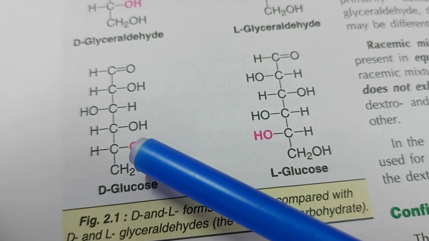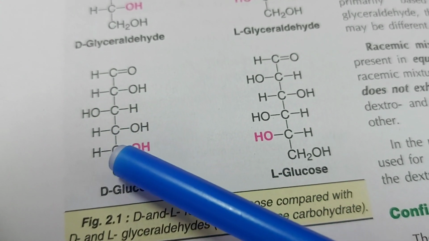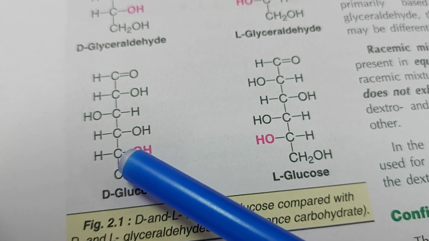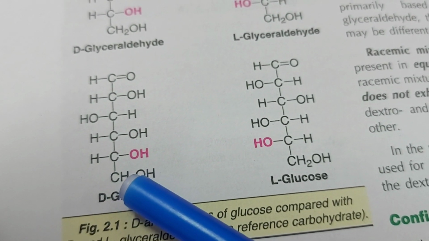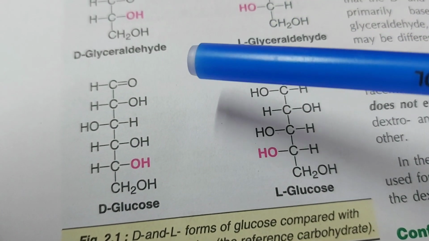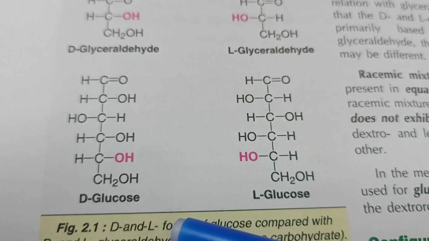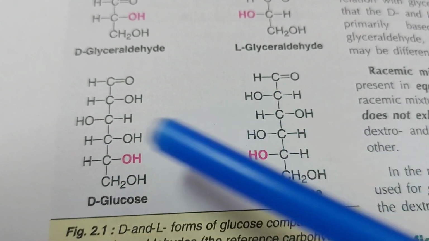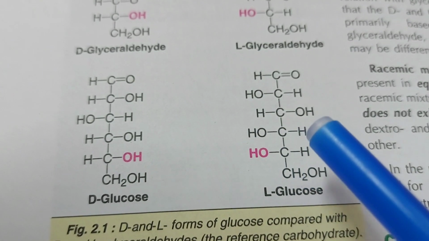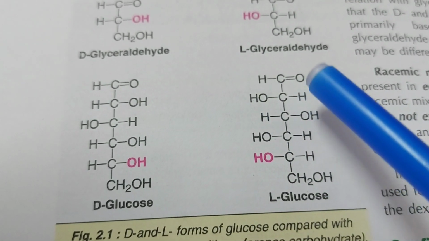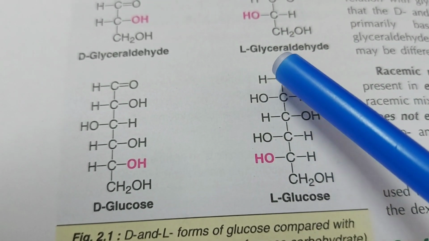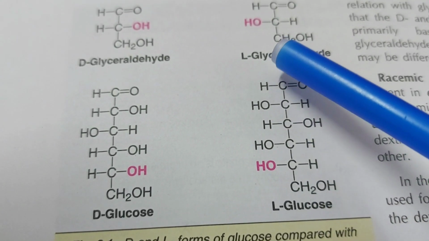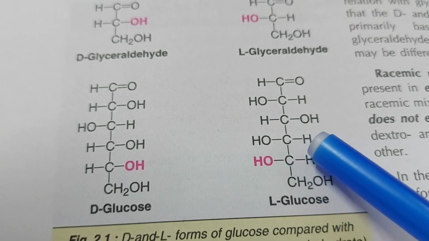When the hydroxyl group is attached on the right side of the fifth carbon of glucose, it is known as D-glucose. If we place a mirror here and observe this figure in the mirror, we will see this structure. In this structure, everything is the same, all the asymmetric carbons and functional groups, except the fifth carbon.